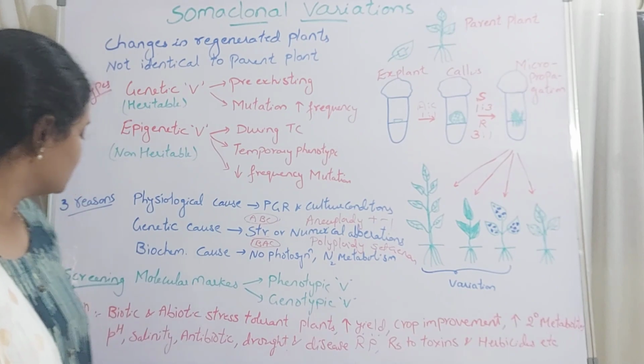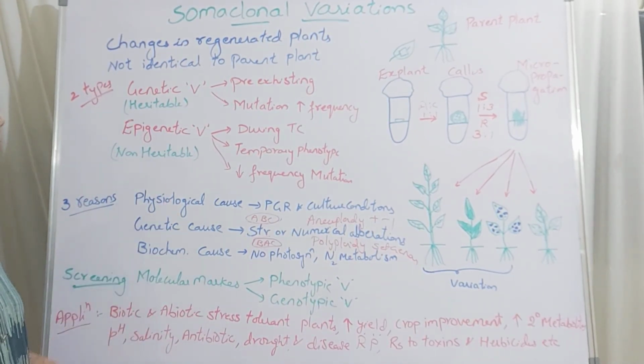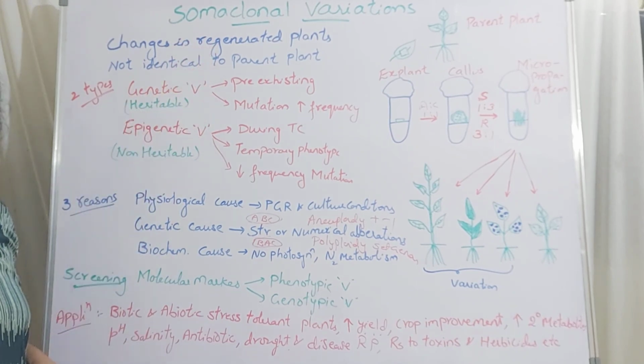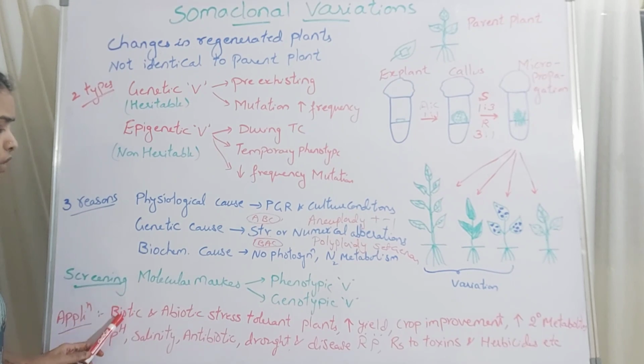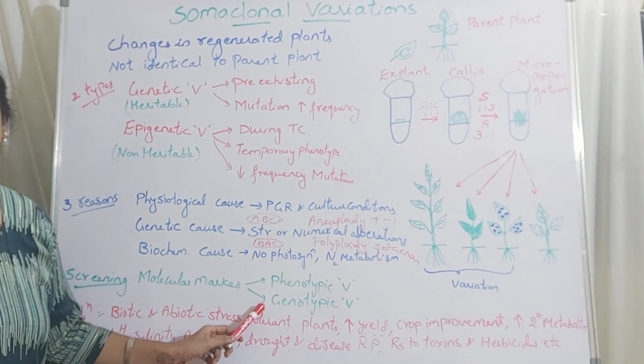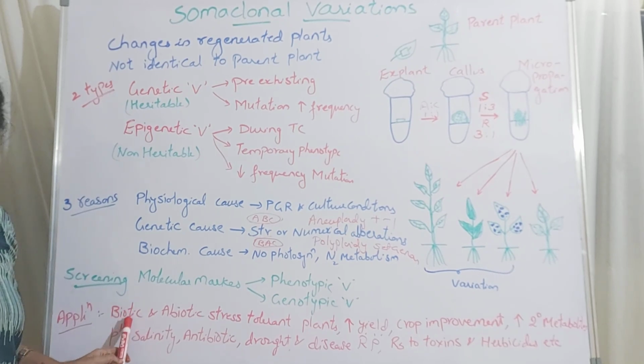Is that clear? So the first application, by this technique or by having the somaclonal variations, these somaclonal variants or plants may show biotic and abiotic stress tolerance. Right? Biotic means with some other living things.